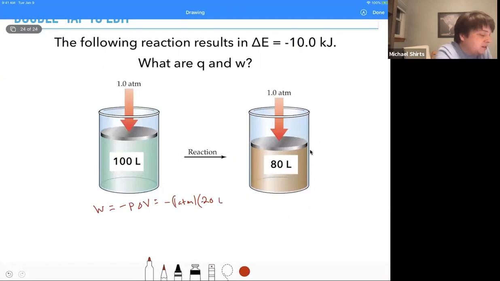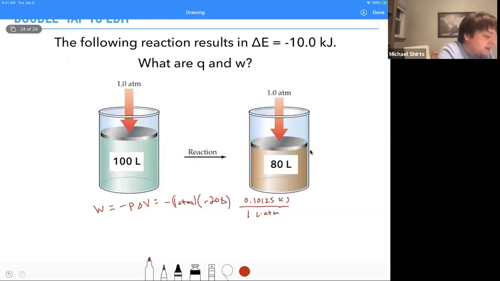Sorry, let's be precise here. The change in volume is minus 20 liters. And so this results in 20 liter-atmospheres. But let's just do the conversion here. 1 liter-atmosphere is 0.10125 kilojoules.